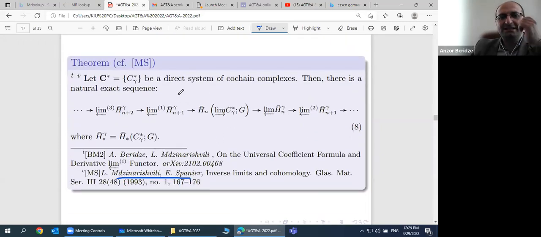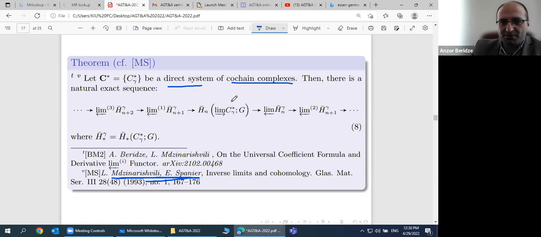And using this universal coefficient formula, we have proved the following theorem. And this result is almost the dual of the result of Zinarishvili and Spanier. What does it mean? If we have a direct system of cochain complexes, it does not matter whether these cochain complexes are free or not.